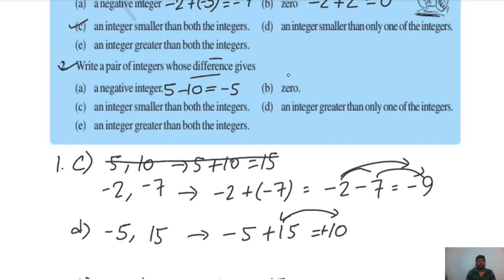The result 0, suppose the difference, so 5 minus 5 equal to 0, or 2 minus 2 equal to 0. Okay, an integer smaller than both the integers. The difference is an integer smaller than both the integers.